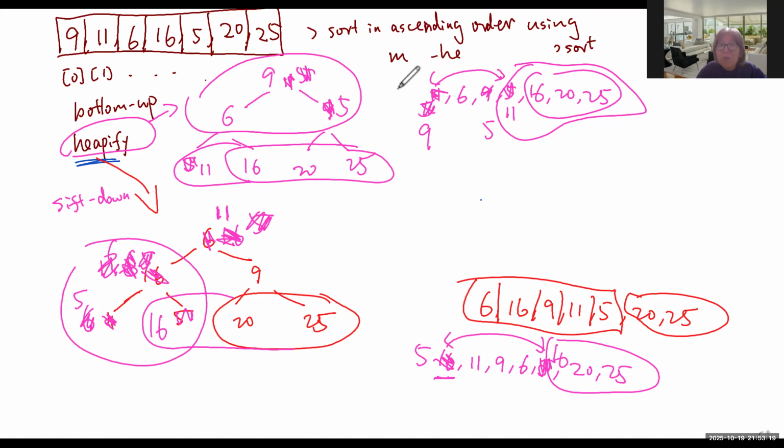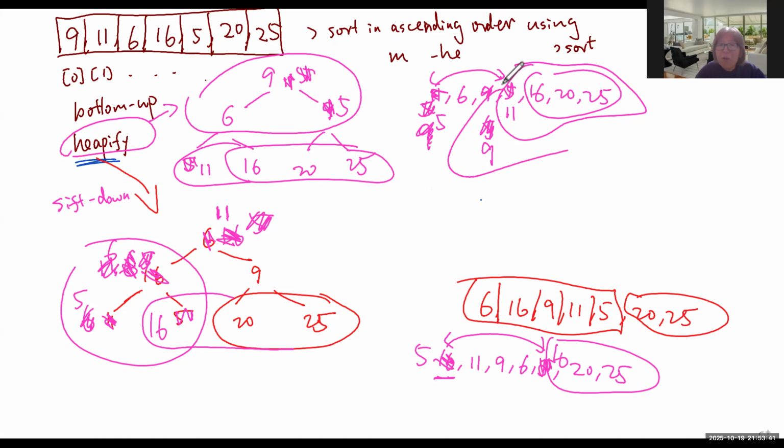And after that, we needed to move 9 to its location, because 9 is the largest, is it, in this heap. So we needed to swap it to its location. We move 5 here and 9 here.